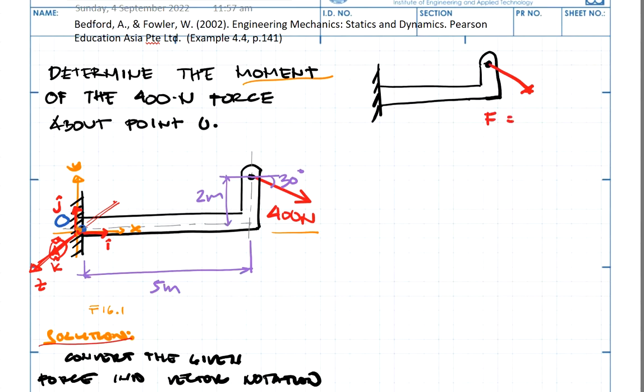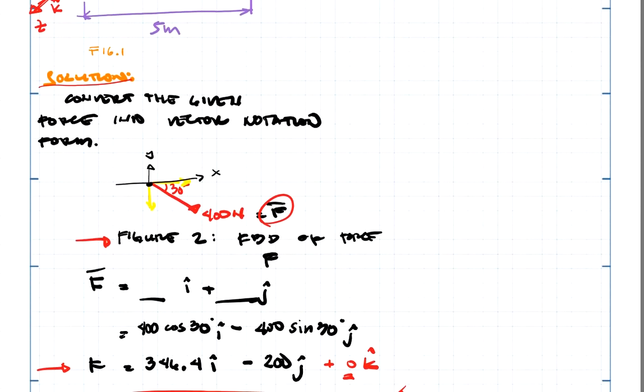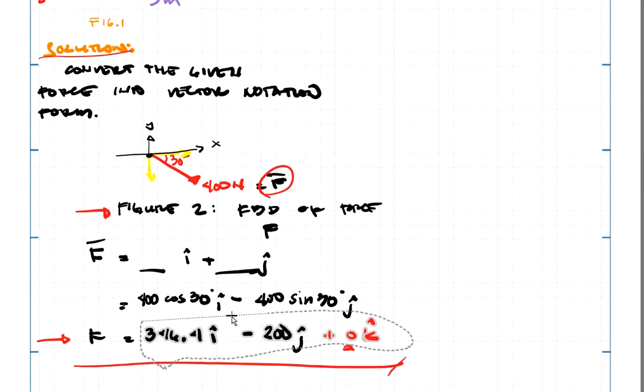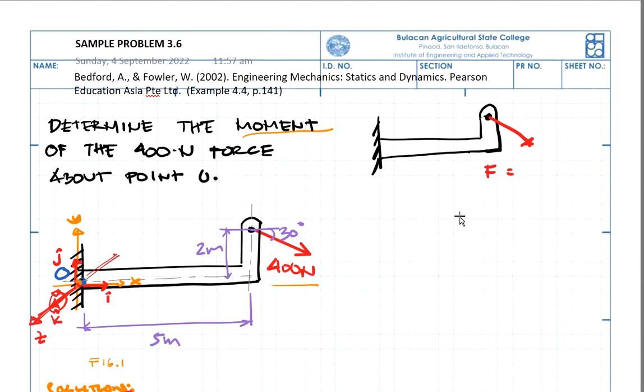Let me copy this and paste it here. Our force F is equal to this much.